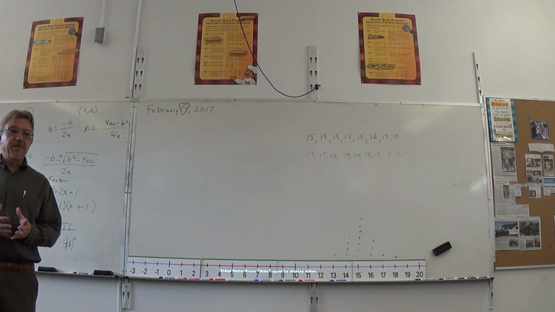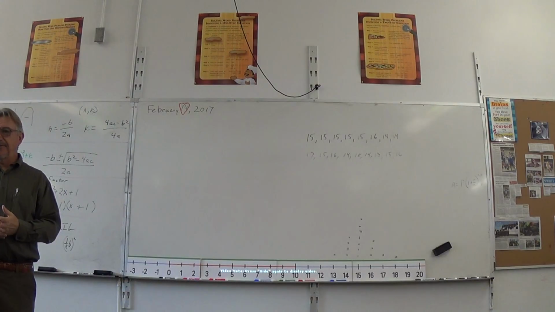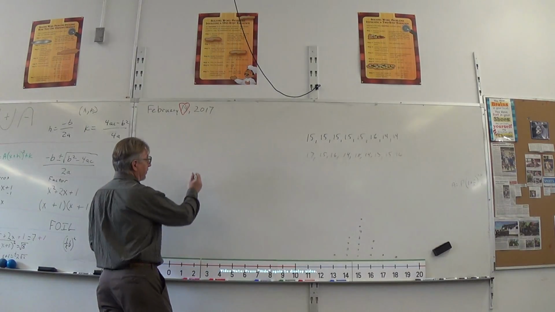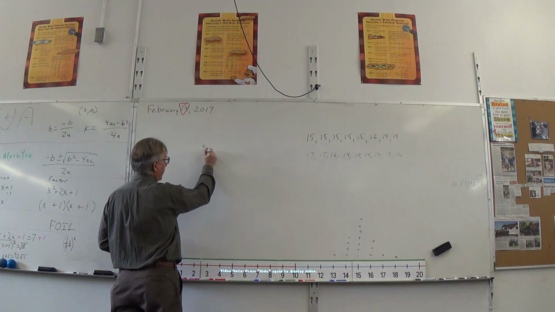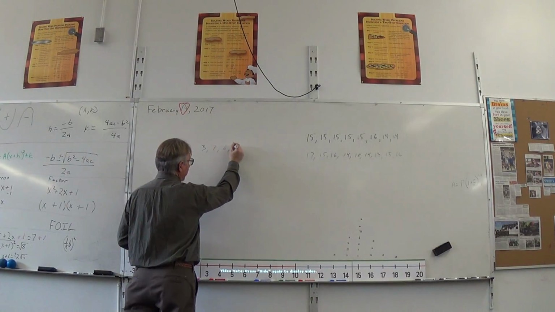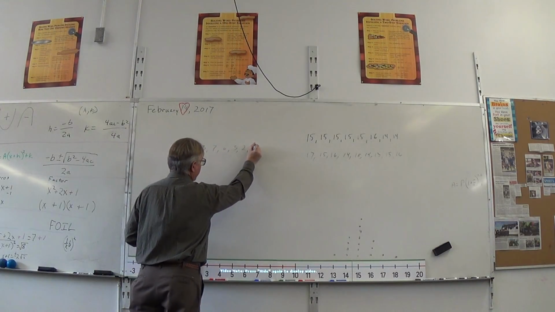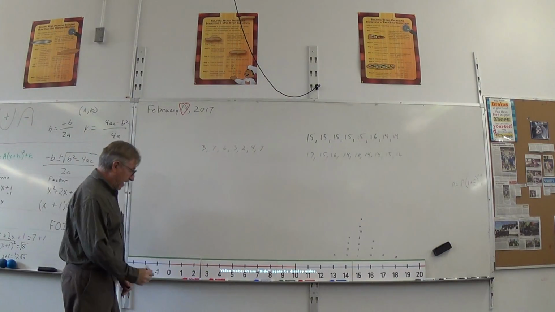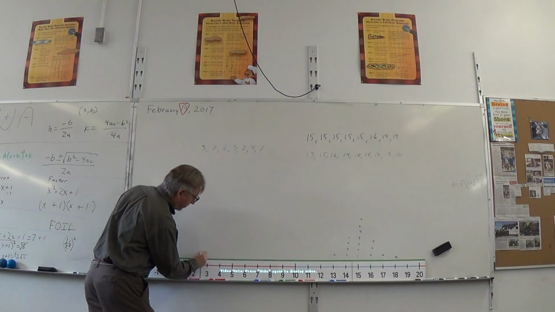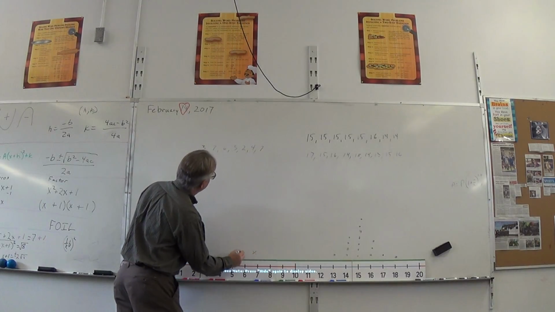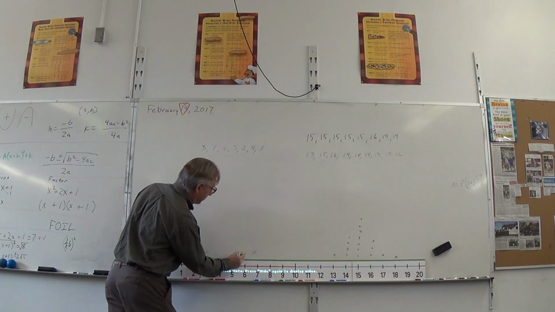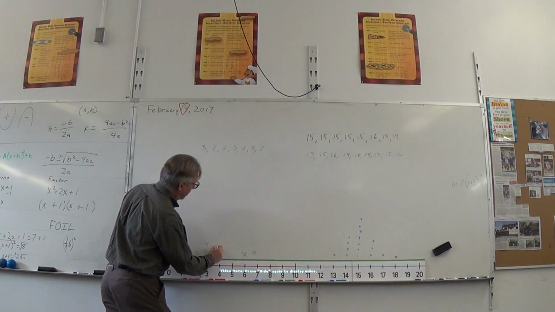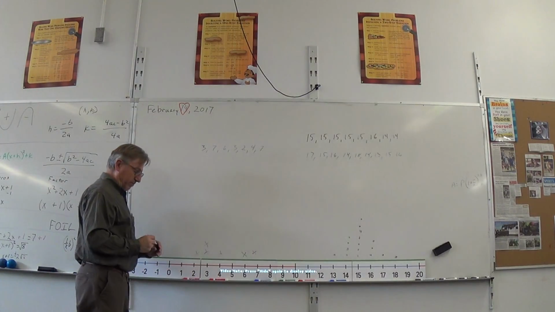Dot plots, line plots are pretty simple to work with. Okay, remember the difference. If I was going to do a line plot of these numbers, I would just have 3, 7, 7, 7, 6, 3, 3, 2, 4, 7.